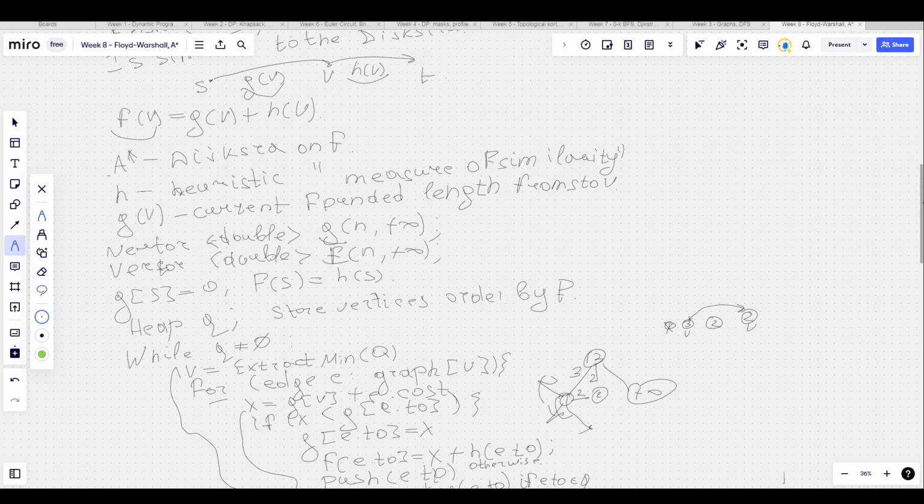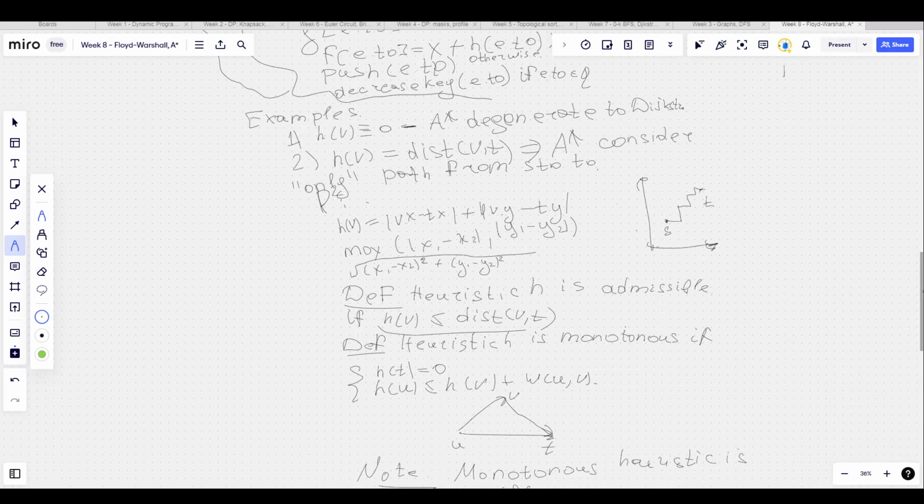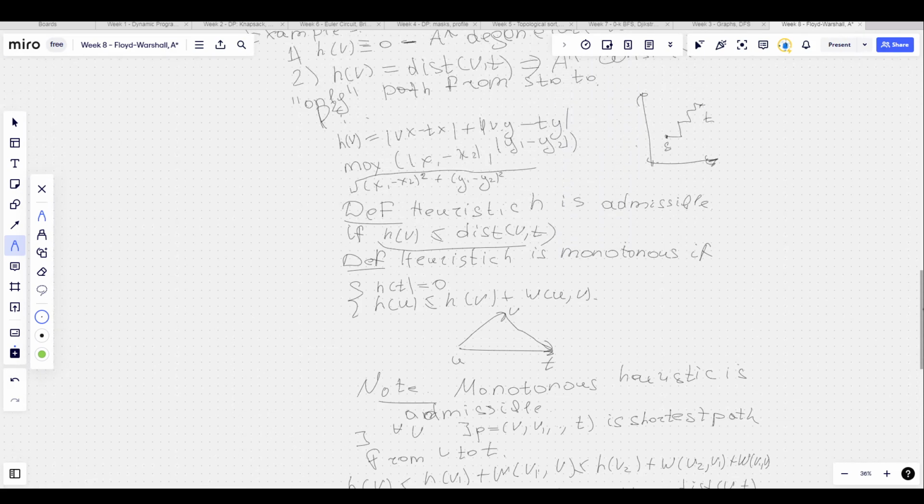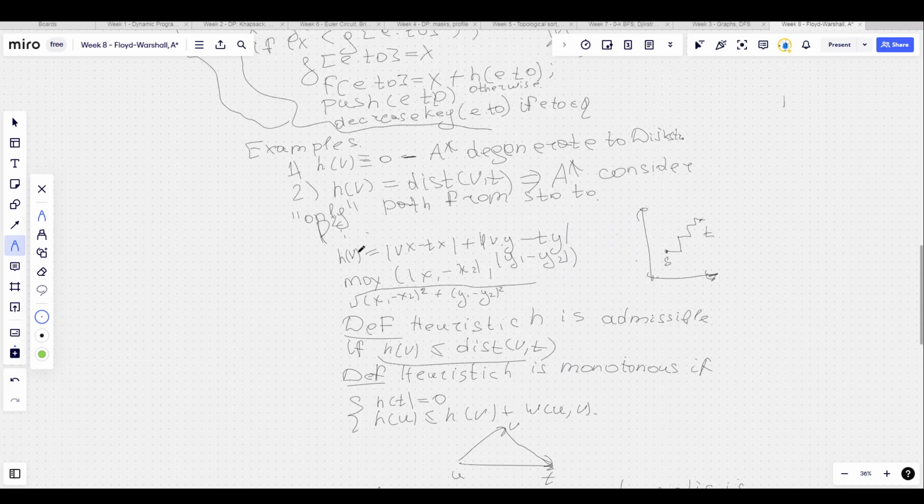It can be assigned by Manhattan distance or Euclidean distance in R2.